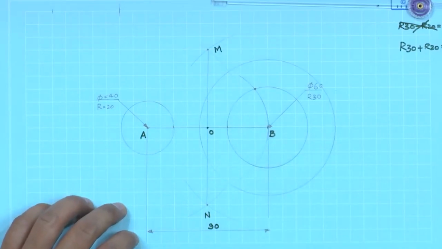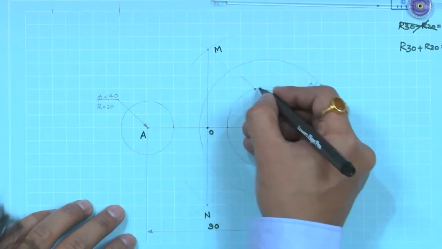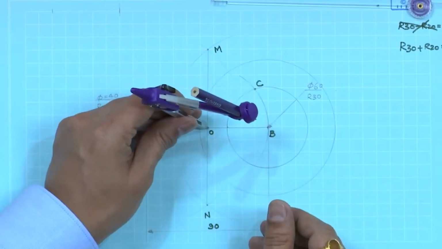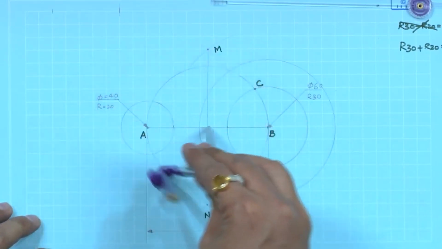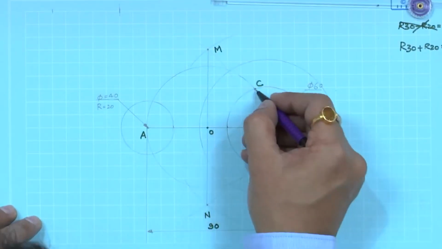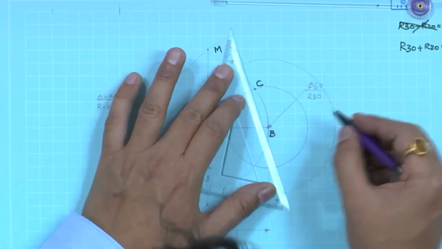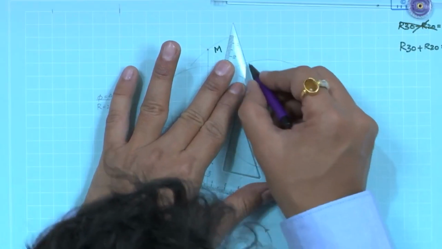Let us call that point C. Basically, this circle we are taking is from the perpendicular bisector which passes through point A, going to intersect at C. Now, join B and C points, so that we will be in a position to construct a normal. From there we will be in a position to construct a tangent.